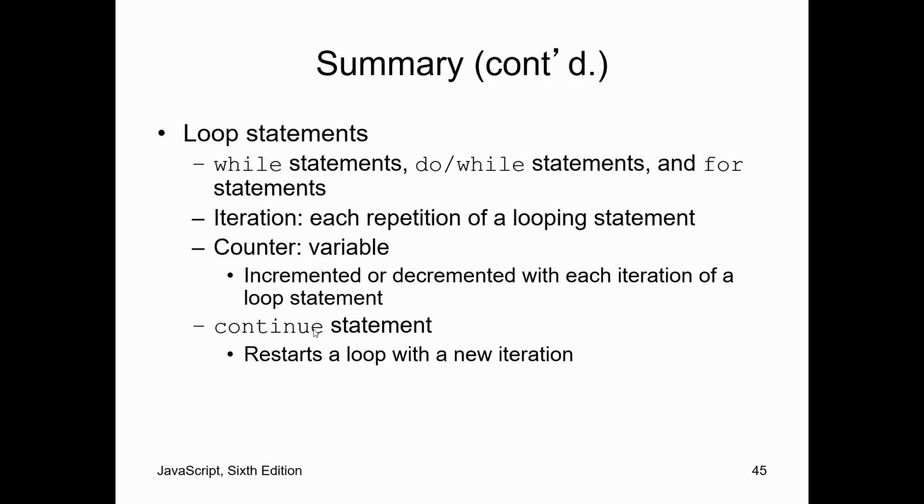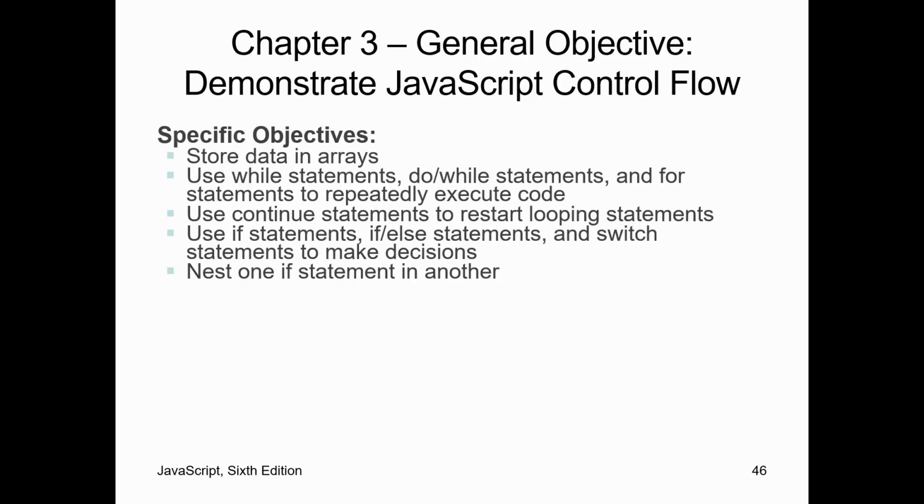We mentioned that each time you go through a loop, it's known as a loop iteration. What they call counter variable is what I called LCV, or loop control variable. We saw continue, which stops the current iteration of the loop and restarts it. I also showed you the break, which they have not shown yet. And again, the break gets you out of the loop.